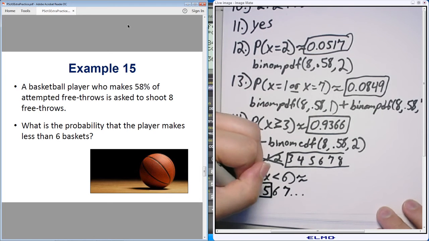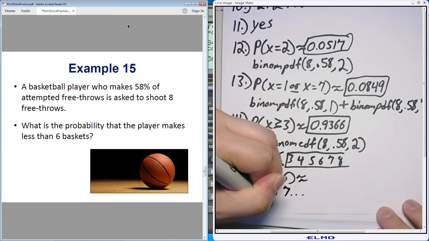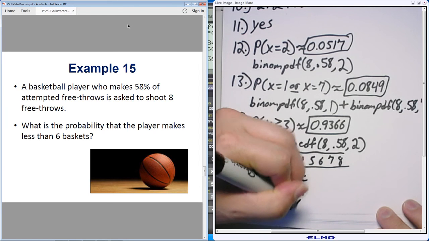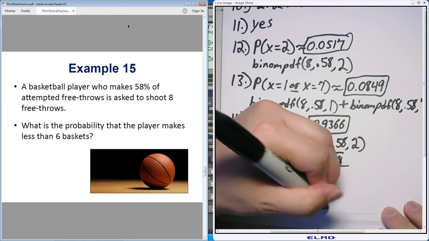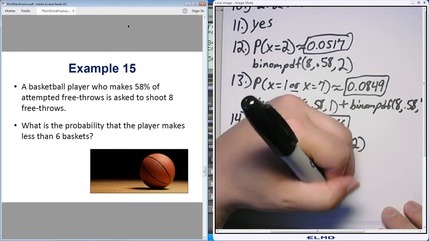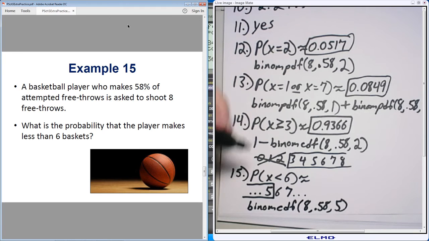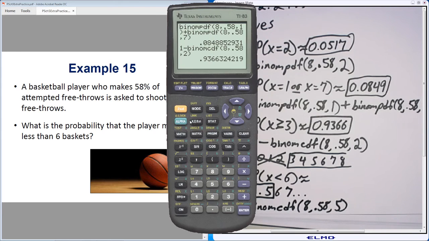Okay, so for my calculator command, I need binom CDF 8, .58 and 5. That'll add up 5, 4, 3, 2, 1, and 0's probabilities and give me the answer.